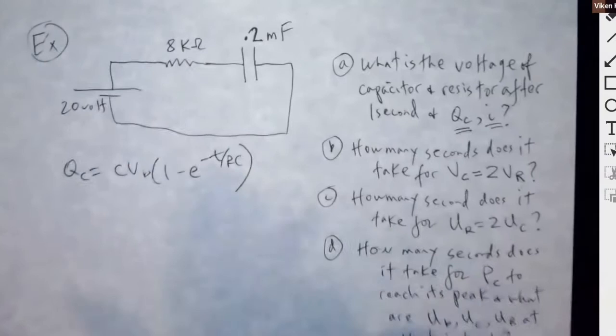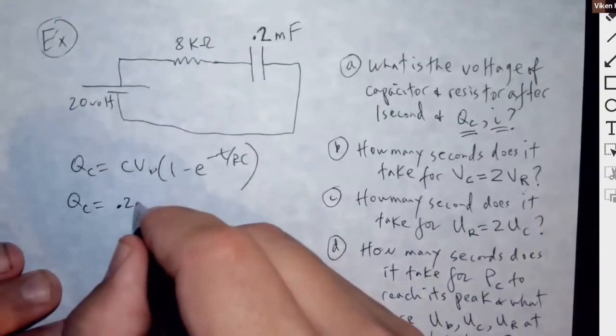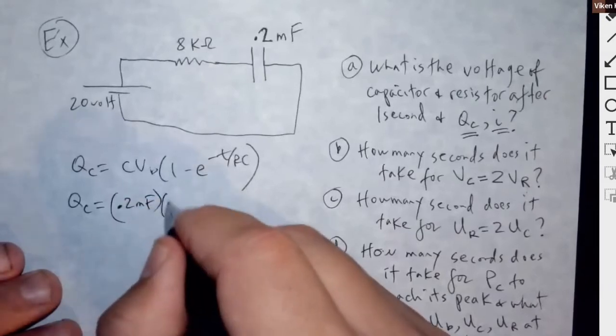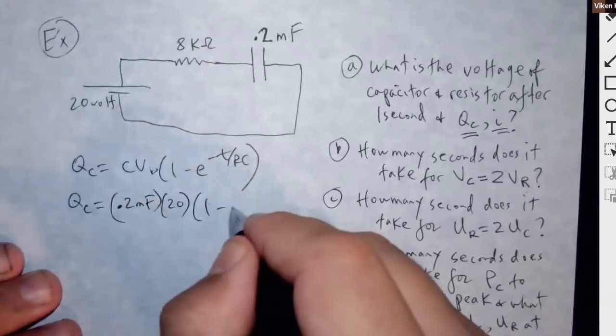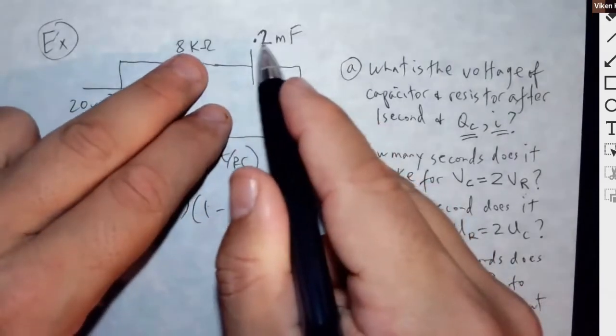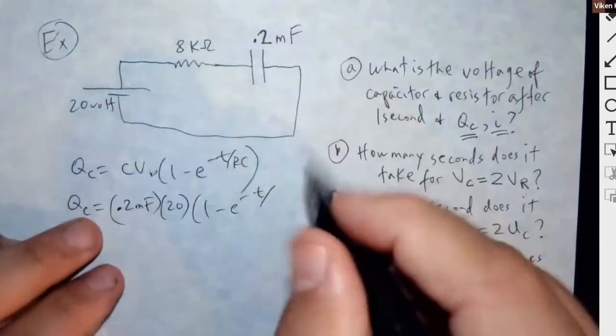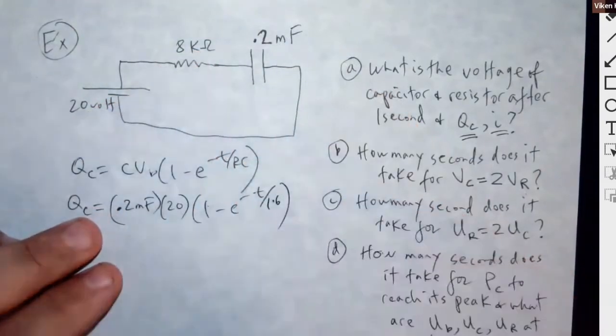And then we're going to have here QC. C is 0.2 millifarads. This is 20 volts. And then RC, I've done it so it's pretty easy. It's just this times this, and the milli and the kilo cancel. So it's just 1.6.